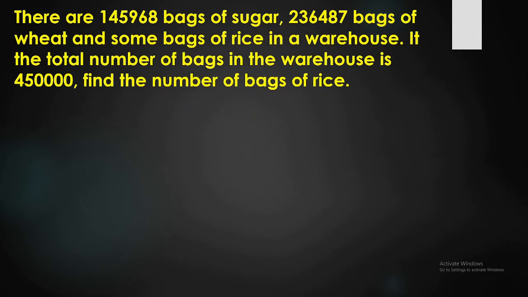Now let's go to the next problem. So there are 145,968 bags of sugar, 236,487 bags of wheat, and some bags of rice. We don't know how many bags of rice there are in a warehouse. Now, if the total number of bags in the warehouse is 450,000, find the number of bags of rice.